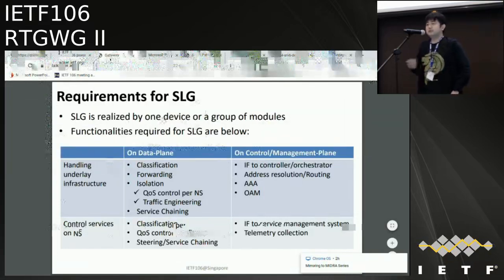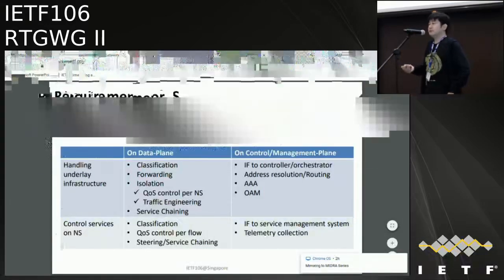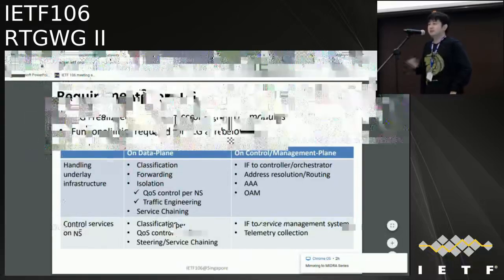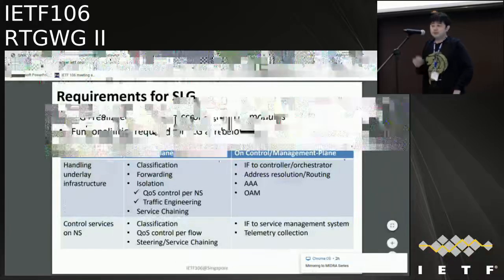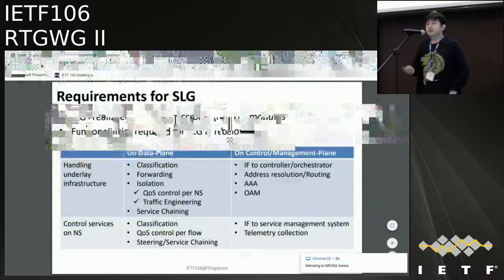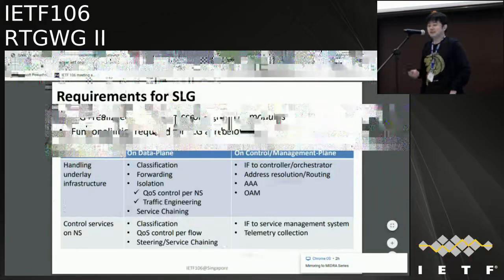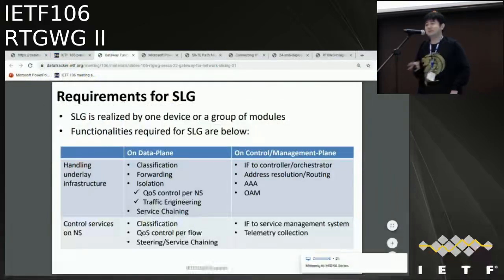We are assuming that slices will be provided to third parties or tenants, and they use network slices as part of their own service. So some tenants may need to control the user traffic on the slice. So the Slice Gateway provides such functionalities.